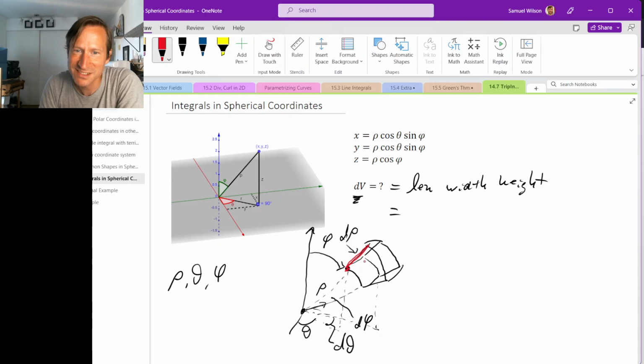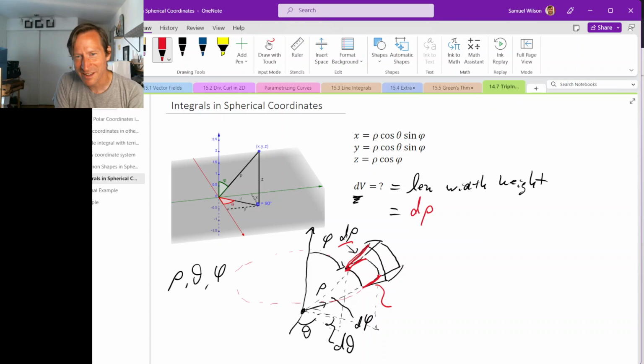For the width of the box, let's call this side length the width. That's the same as this one right here, and that's what we got by changing theta. But what we need is a distance, and theta is an angle. So what length is this? Well, this is what we got by changing theta, and if you keep changing theta as much as possible to do a complete revolution, this arc becomes part of a circle.